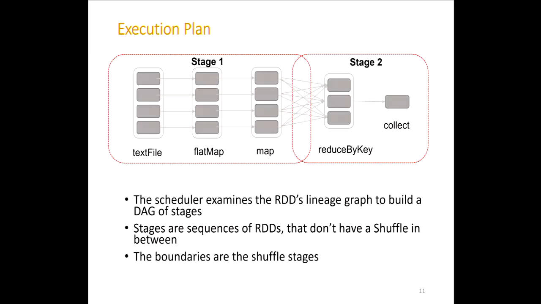Stage one can be executed by these nodes, and then stage two is the transformation that requires information from other partitions, so it's the wide transformation. This is stage two, and it's going to happen on these nodes because it passes information from one node to another, and hence I can apply these and get results.